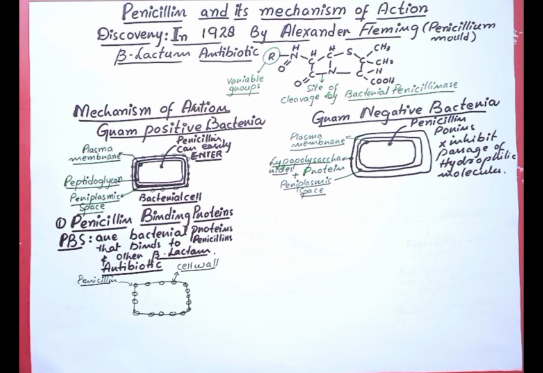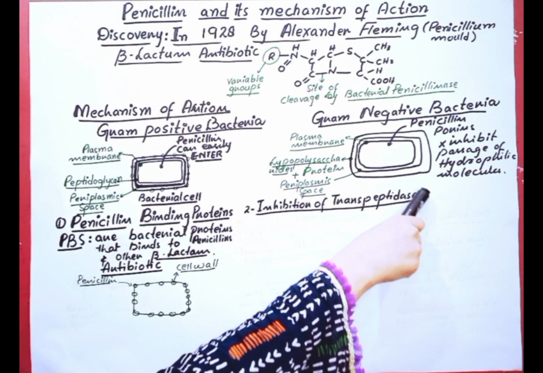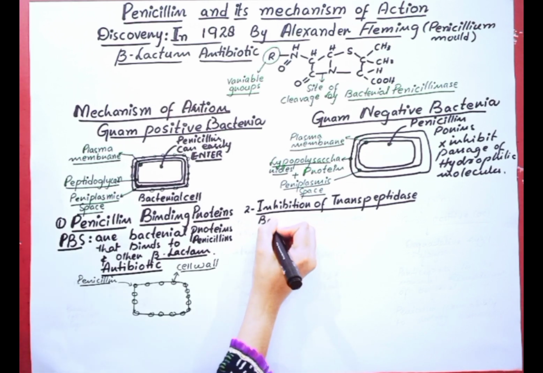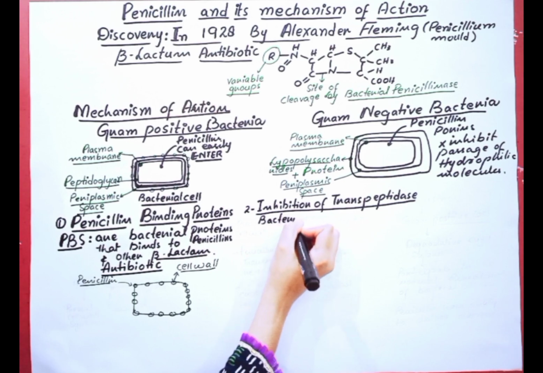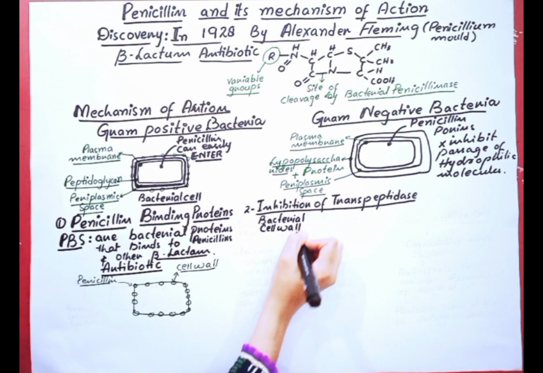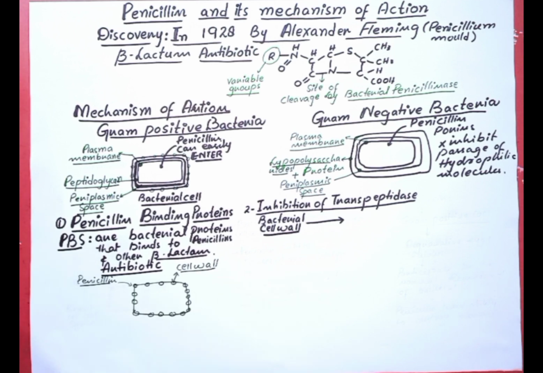Now, inhibition of transpeptidase. As we know, the suffix -ase indicates an enzyme. So transpeptidase is an enzyme. First thing which I want to tell you, the bacterial cell wall. The bacterial cell wall is a strong, rigid and highly cross-linked polymer composed of polysaccharide chains with peptides cross-linked with the help of transpeptidase.